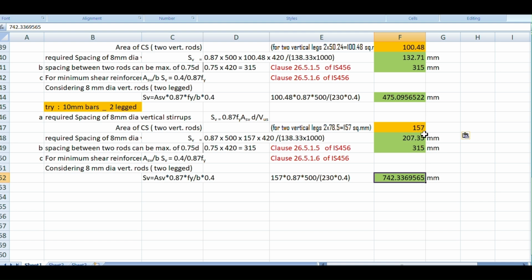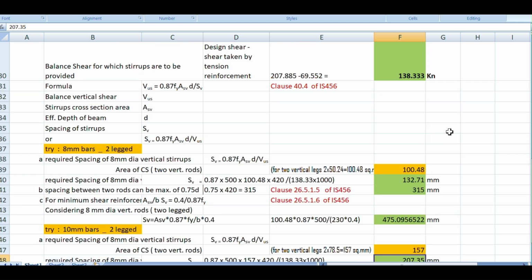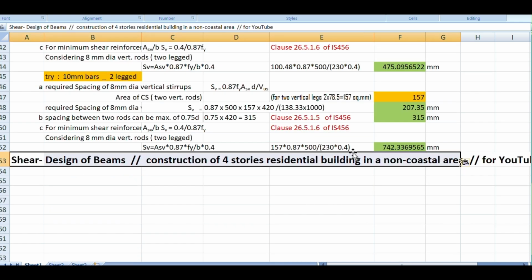Whichever is smaller should be taken, and that is 207. Combining these, we can use 8 mm rod at a spacing of 132.71 mm. So this is the method to arrive at the shear reinforcement in a beam.